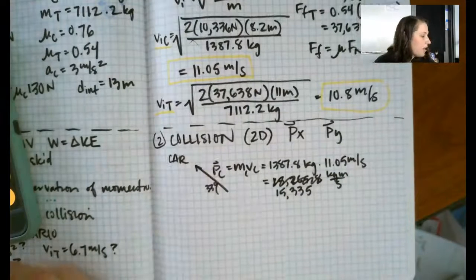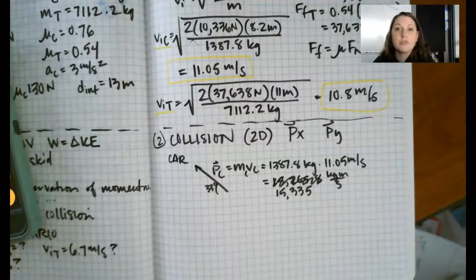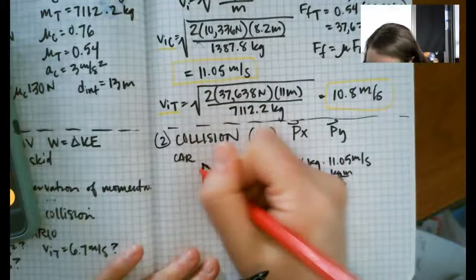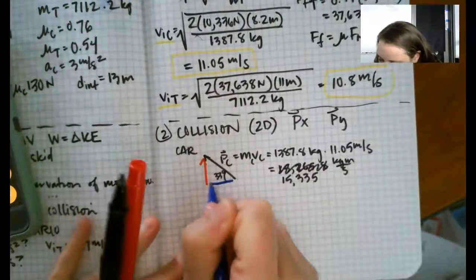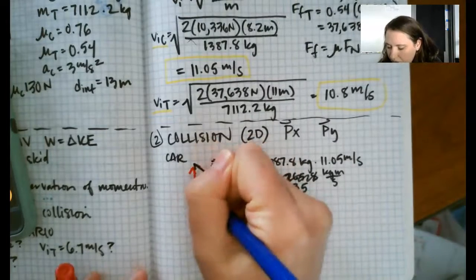Now I need to figure out what my component vectors are, right? So now is where we're going to break these into components to find out how much momentum is in the x direction and how much momentum is in the y direction. So I'm going to have some vertical and some horizontal, pretend that's a horizontal line, but that's a right angle right there.